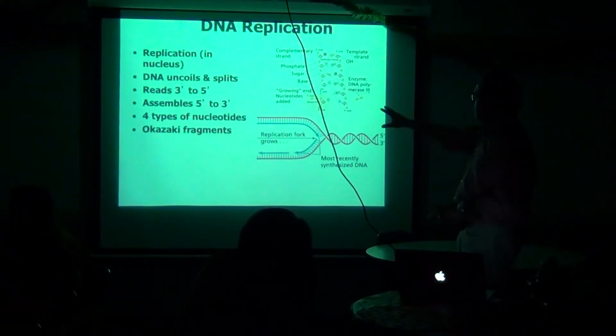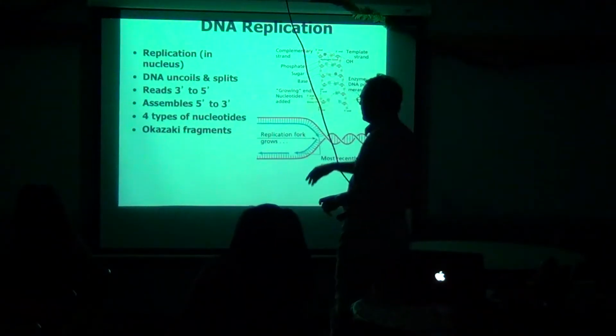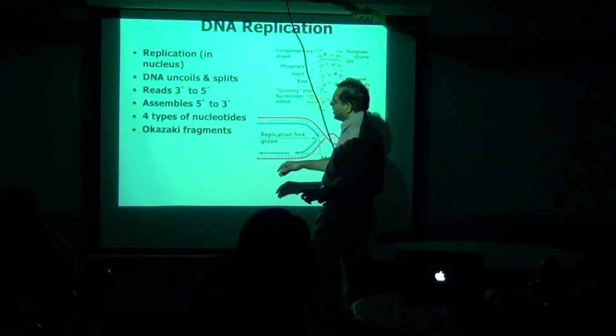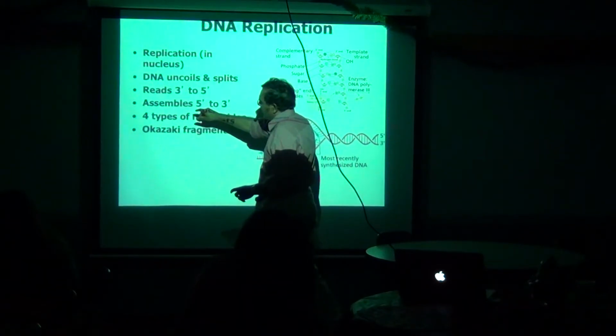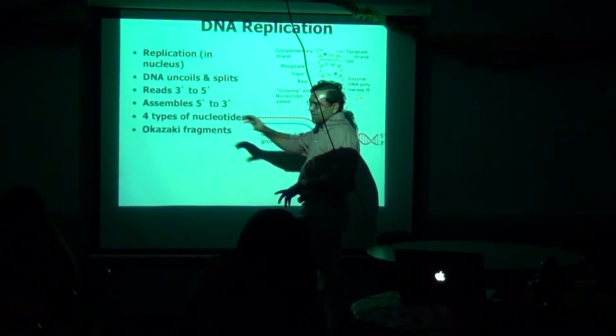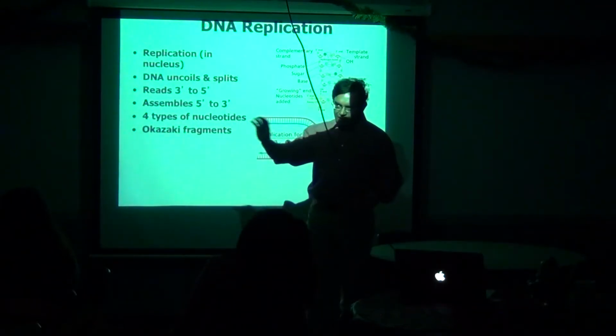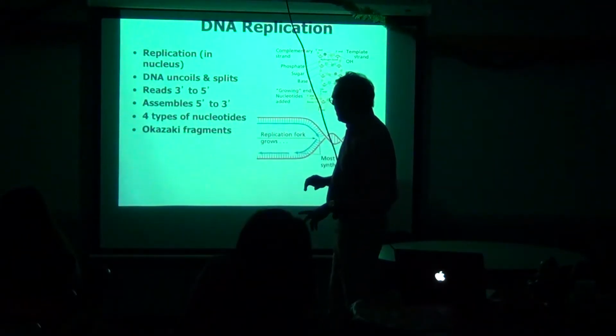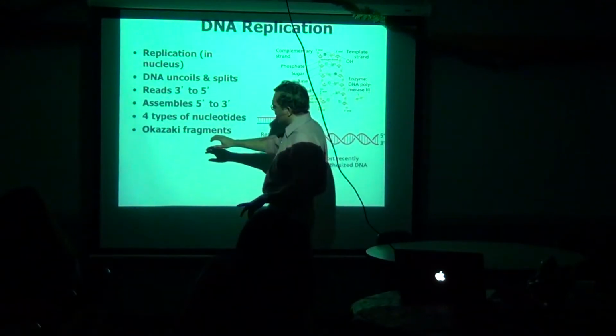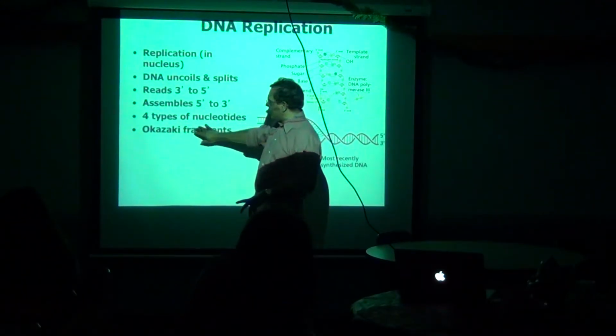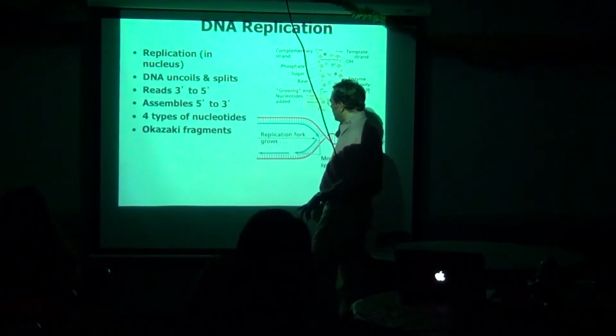So your syllabus says that you need to know that during replication, synthesis always takes place from 5' to 3' direction. The enzymes can synthesize only in 5' to 3' direction. And there is this terminology called Okazaki fragment. We'll come upon what Okazaki fragment means in a minute or so.